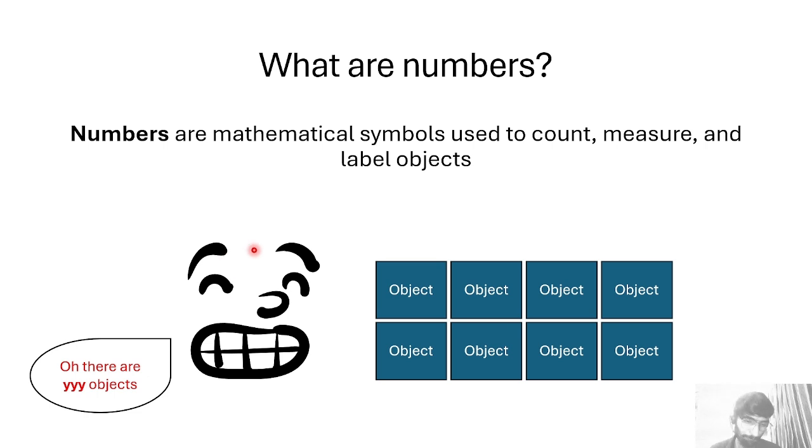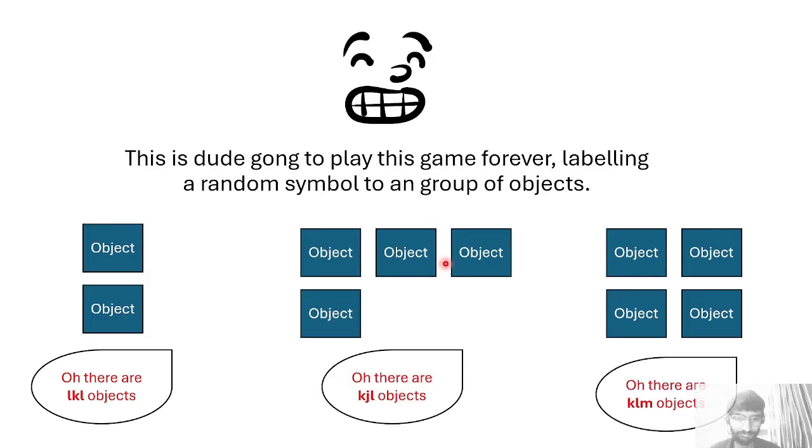Clearly, that's something he devised himself, and as of now, he has no knowledge of the number symbols which are used for counting. So he is going to play this game forever, the game of labeling different amounts of objects.